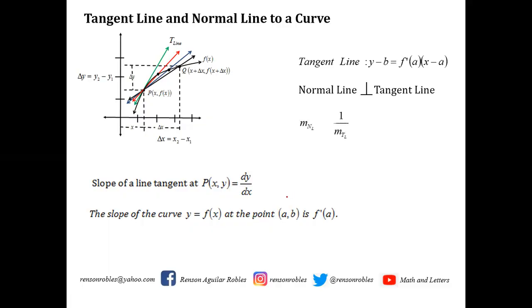The slope of the normal line is equal to negative 1 over the slope of the tangent line, or the slope of the tangent line is equal to negative 1 over the slope of the normal line. And therefore, the equation of the normal line is given by y minus b equals negative 1 over f'(a) times x minus a.